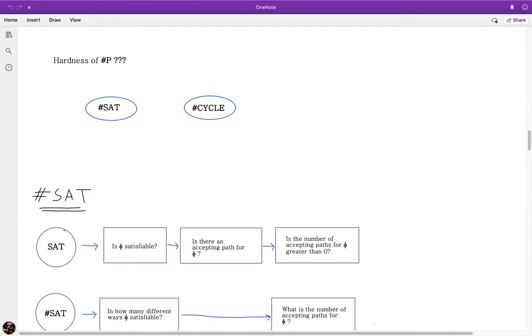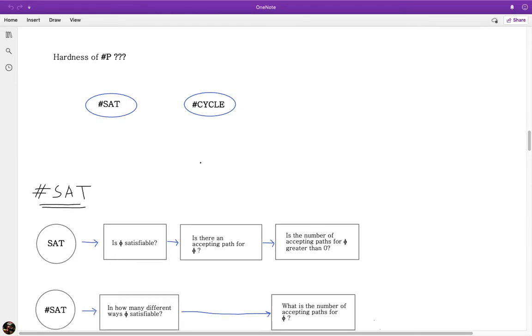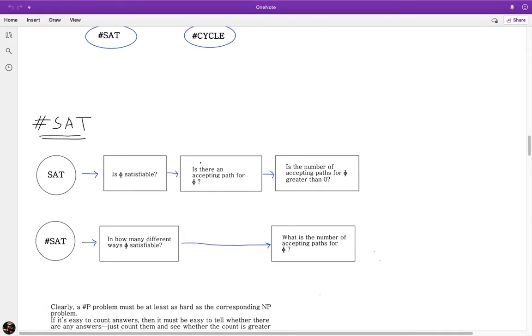The two problems that we are going to look at in detail here are #SAT and #CYCLE. Using these two, we can try to define the hardness of the problems in #P, and we will see if we can find a correlation between these problems and the decision problems that we know. So let's start with #SAT.